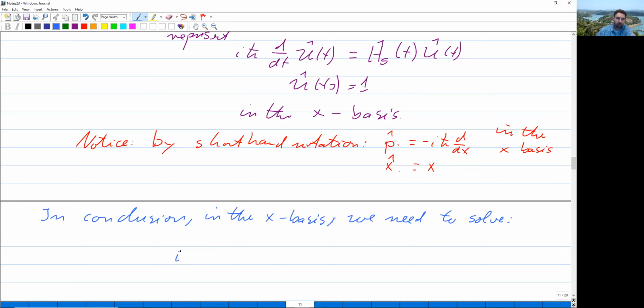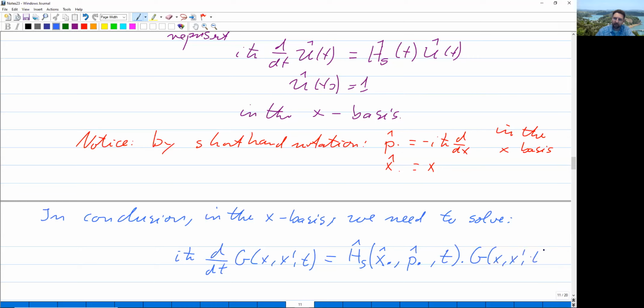We need to solve iħ d/dt G(x, x', t) equal to, now we take the Schrodinger Hamiltonian, which is a polynomial in x hat and in p hat, and if there are multiple of them, then polynomial of multiples of those, and then x hat dot and p hat dot, and it's still of course also a function of t, acting on the Green's function G(x, x', t).